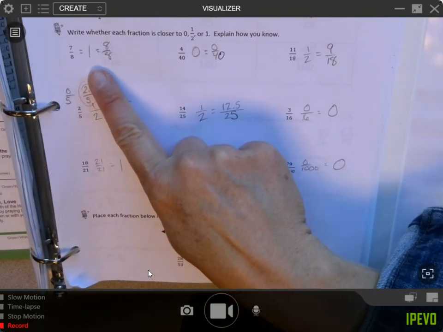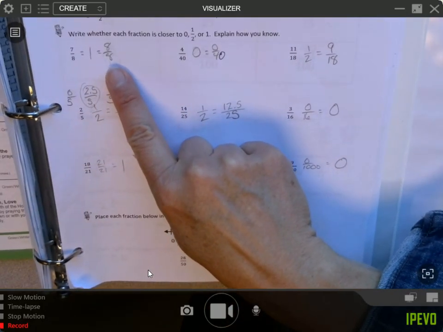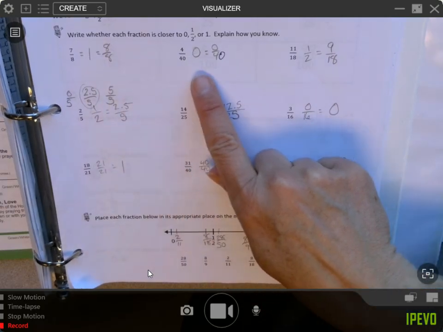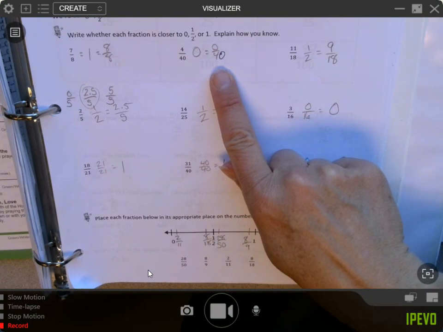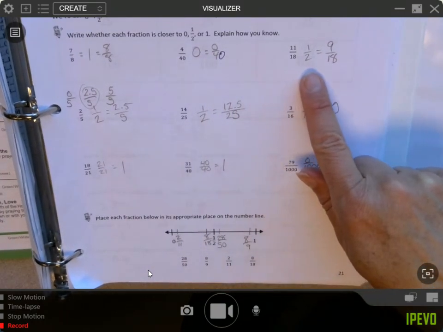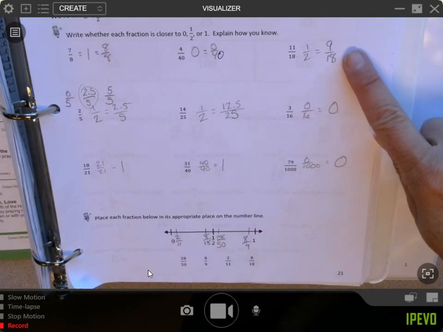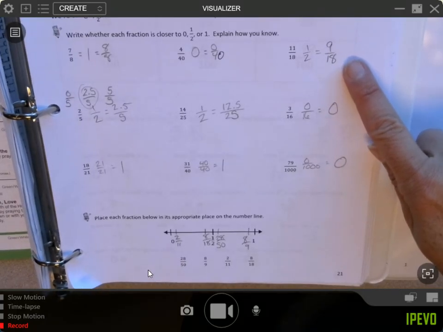Let's see, 7/8 is close to 1 because it's close to that 8 over 8. 4/40 is close to 0 because it's close to 0 over 40. 11/18 is closest to a half because that half is 9 over 18.